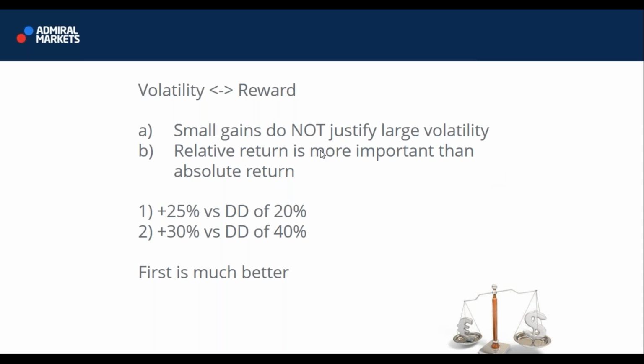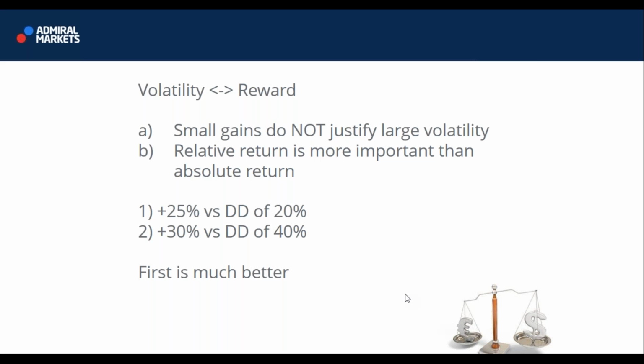All right, so look at this example here. If you made 25%, what is better, 25 or 30%? Your answer should be, I don't know. Many traders would be tempted to say plus 30% is better. But the real answer is, I don't know. And the reason is because we should know the risk side.